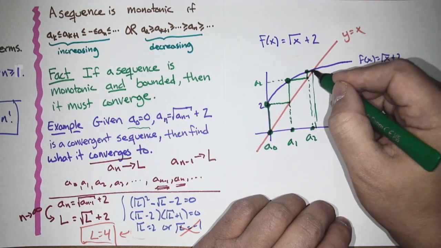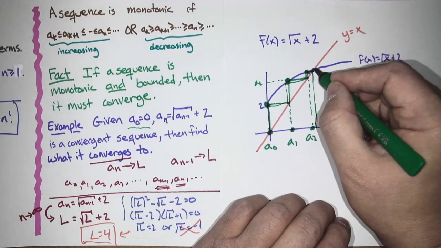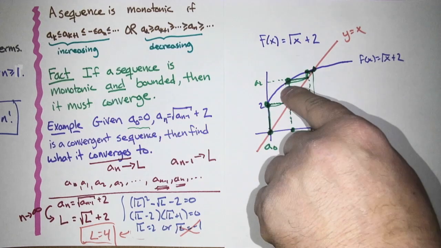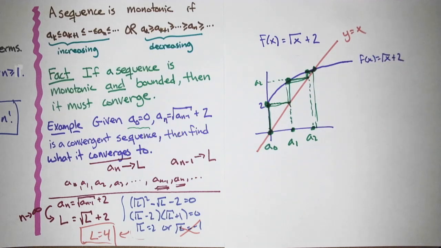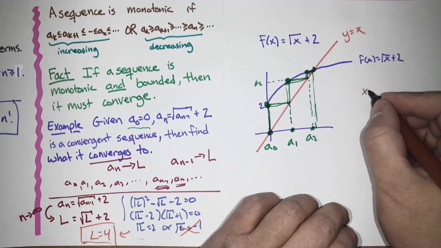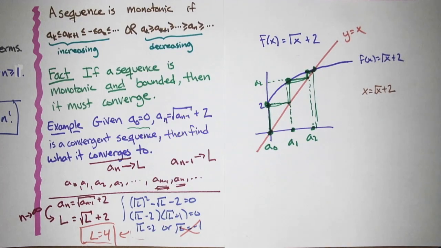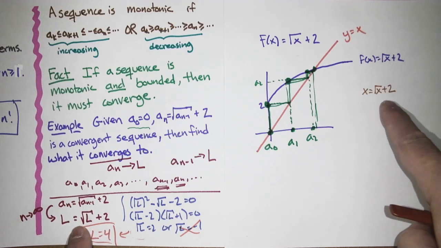And then what's going to happen is I'm basically going to step, and I'm heading to that intersection. So I'm going to be stepping in to where these curves cross. So that curve crosses the line when x equals the square root of x plus 2. Does that look familiar? It's the same formula.